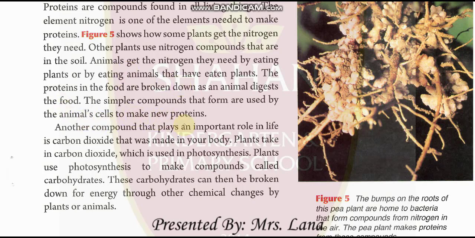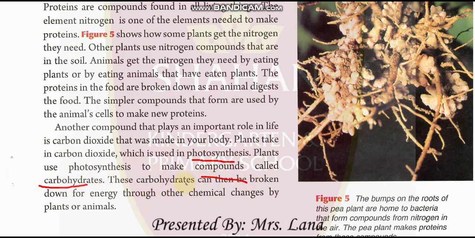And we have another compound that plays an important role in life: carbon dioxide, which is made in your body. Plants take their carbon from the carbon dioxide, which is used in photosynthesis. Plants use photosynthesis to make compounds called carbohydrates.